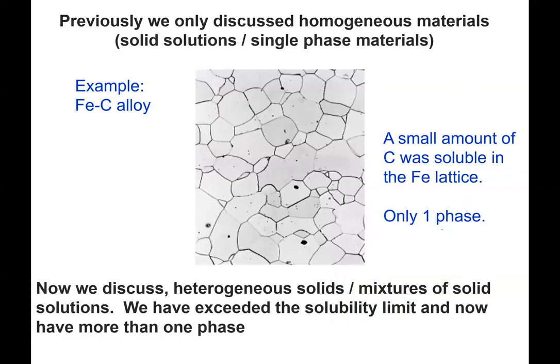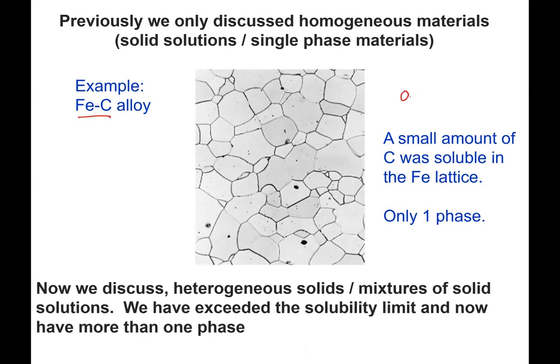So previously, we only talked about homogeneous materials or solid solutions, single phase materials. We took a look at a micrograph of, say, an iron carbon alloy, and this was the case for having a very small amount of carbon in the iron.